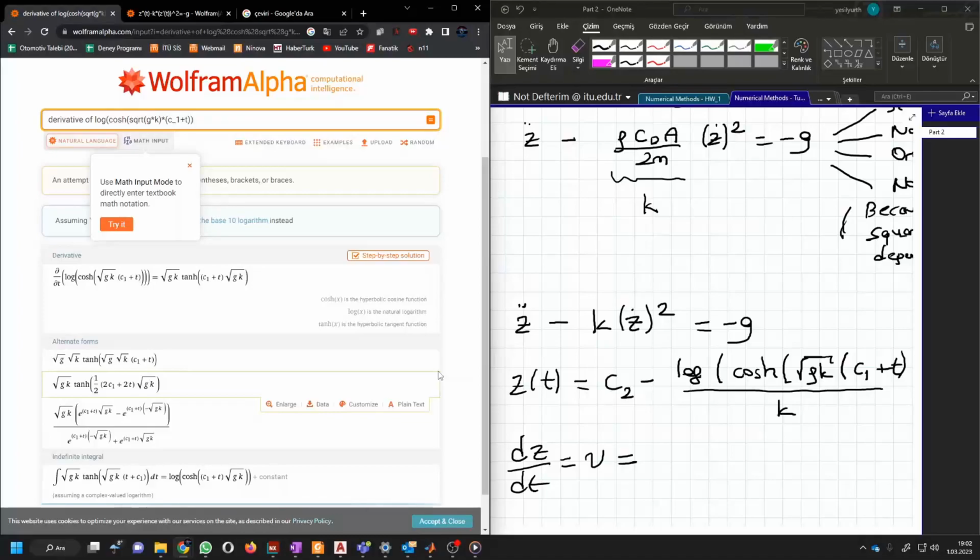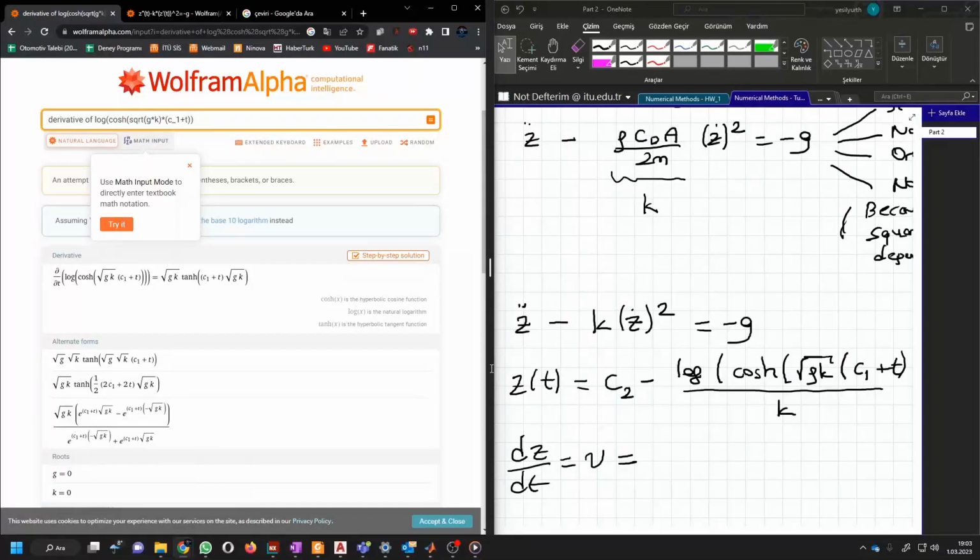Wolfram says that this is the derivative of the particular part. So the derivative of c2 will be 0.